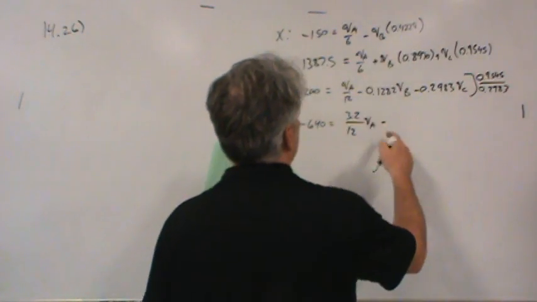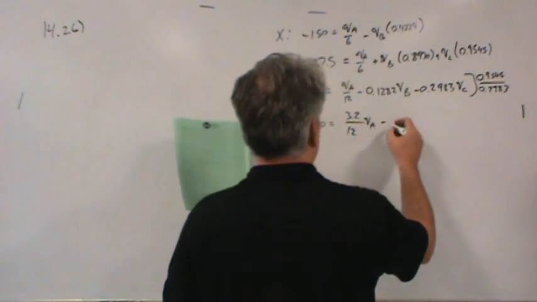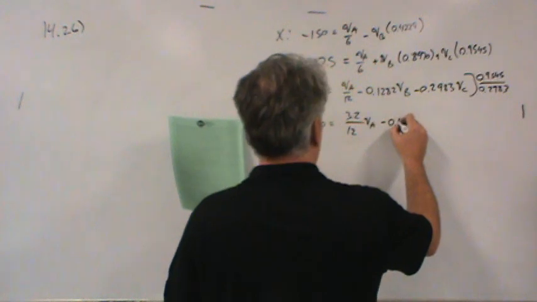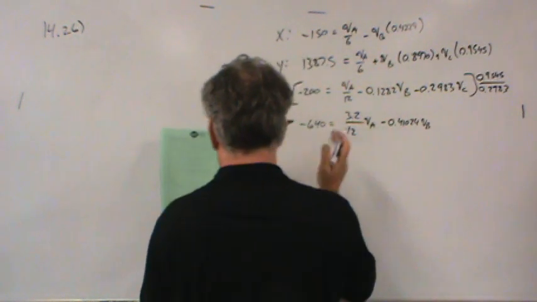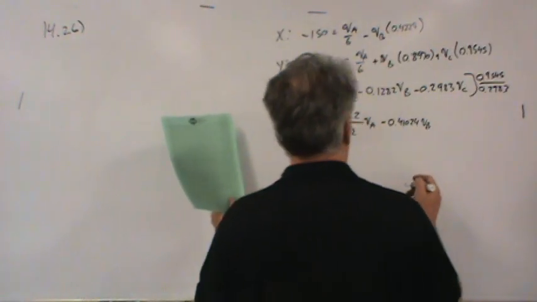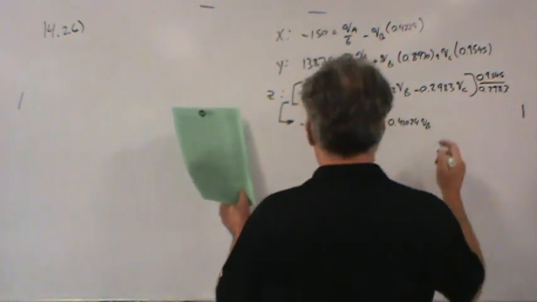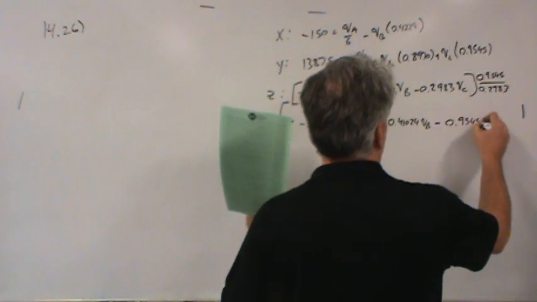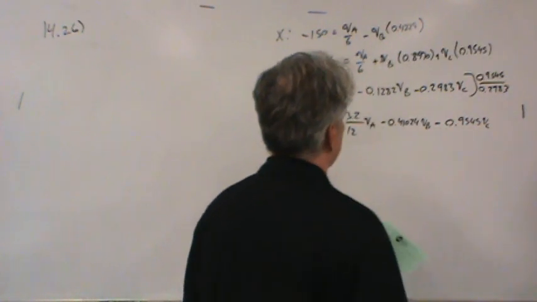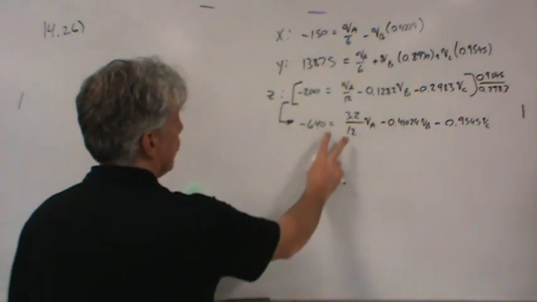Anyway, so minus the next term comes out to 0.41024 VB, not quite so friendly, but that's okay. I'm sure I had to round it off, or I think I did. And then, of course, the term we came for, negative 0.9545 VC. Okay? So now this is the new z equation.